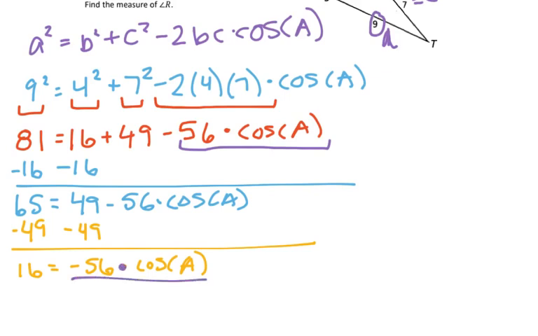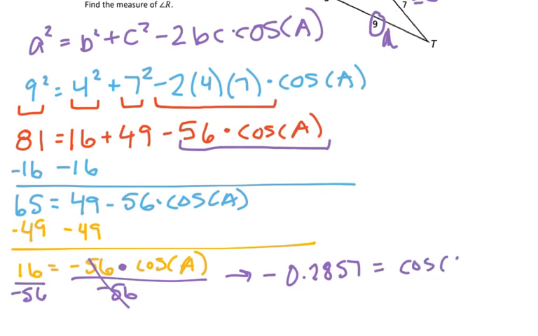So that means that I'm going to divide both sides by negative 56, instead of what you might think of adding instead. So 16 divided by negative 56 is negative 0.2857, and that's going to equal cosine of A.